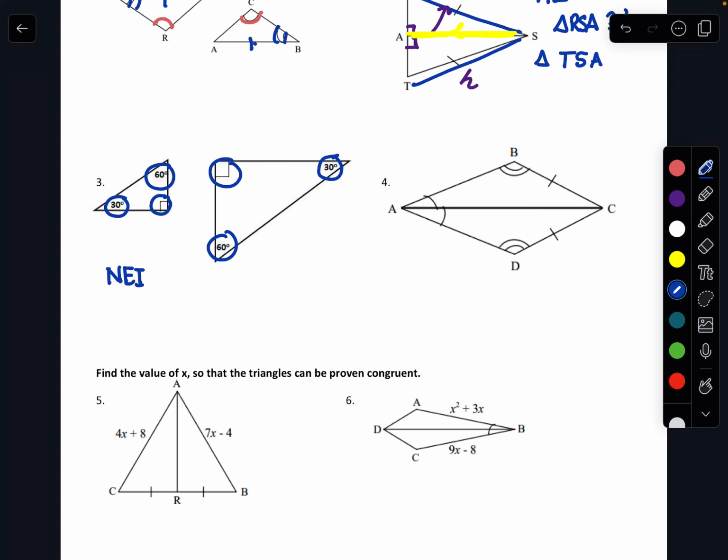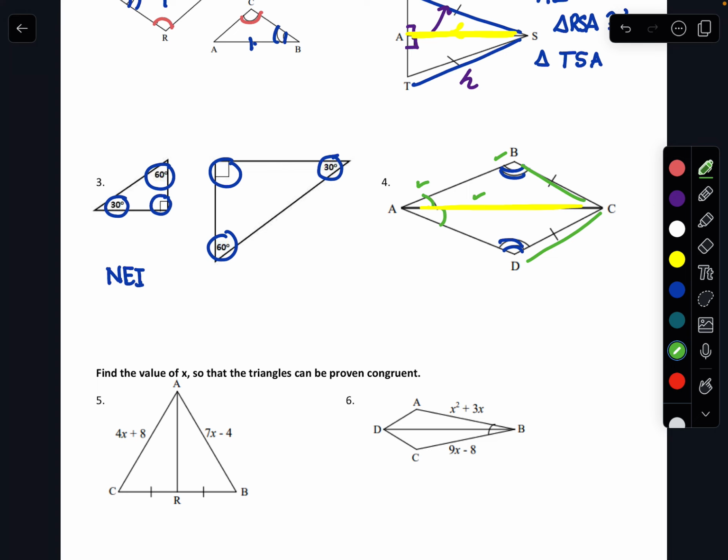On number 4, we have 2 angles that are congruent. We've got another set of angles that are congruent. We've got this side that's congruent. We've got these sides that are congruent. So can we prove that they're congruent? We've got an angle, side, so that would work.